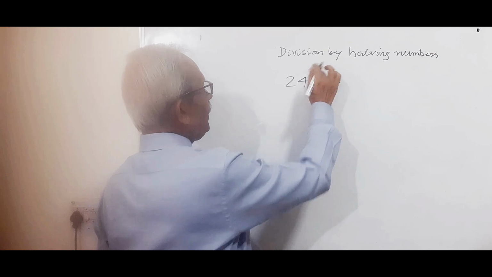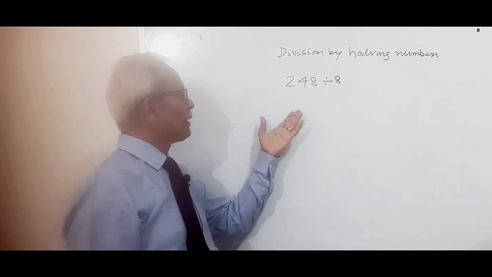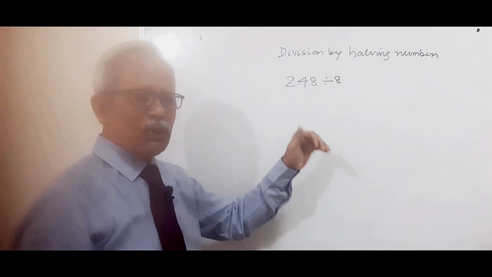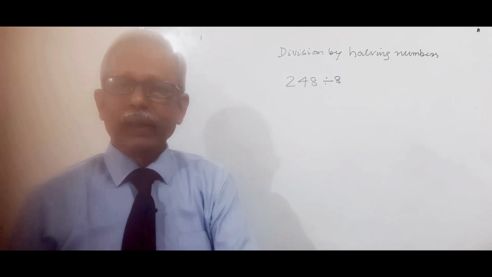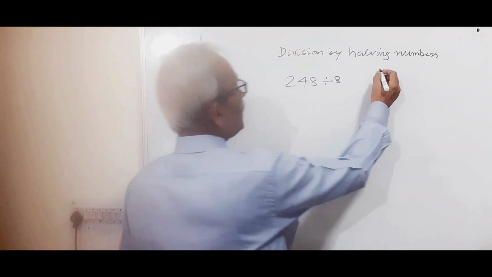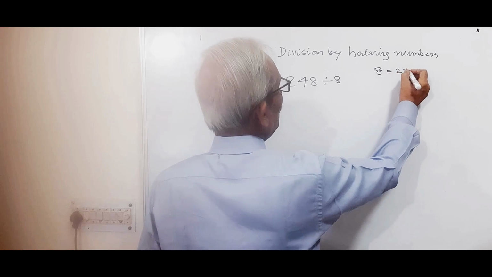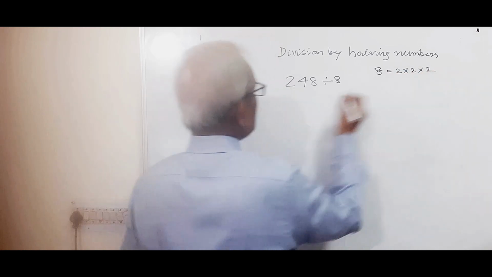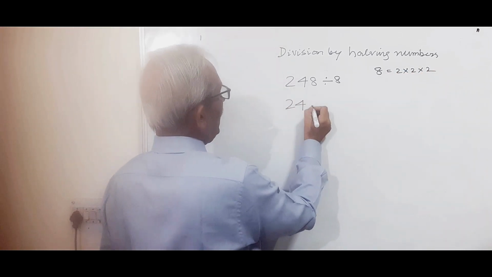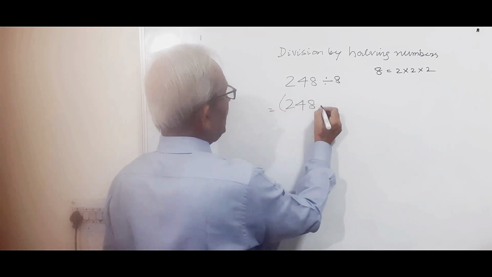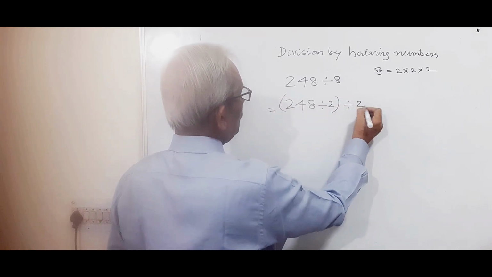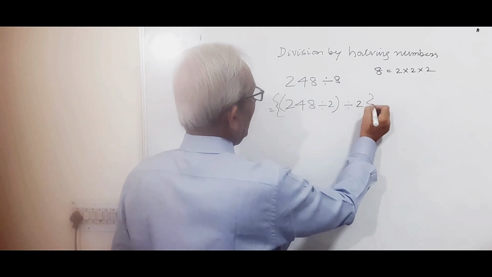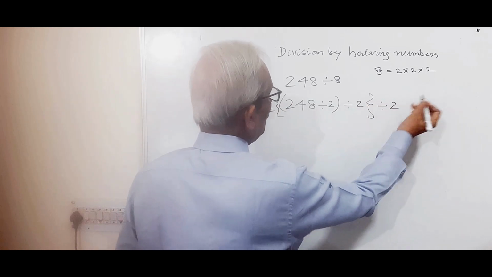So you can very well understand that since in case of 4 we have halved it twice, in case of 8, since 8 is equal to 2 into 2 into 2, we will halve it thrice. So what we'll be doing, we'll make it 248 divided by 2 divided by 2 and then divided by 2.